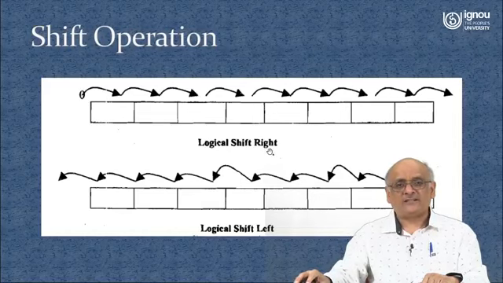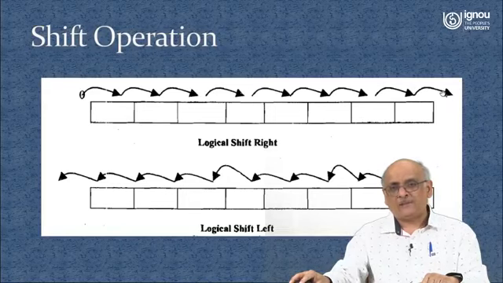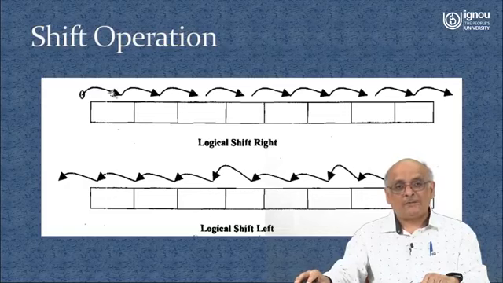If it is a logical shift right, this bit will be moved here, and like that these movements of bits will be there, and this bit will be going out, just going out and going nowhere. And 0 will be entering over here. This is a logical shift. So this is the shift right, and in shift left, 0 will be entering over here and everything else will be moving. This bit will be moving out, bit by bit movement over there.